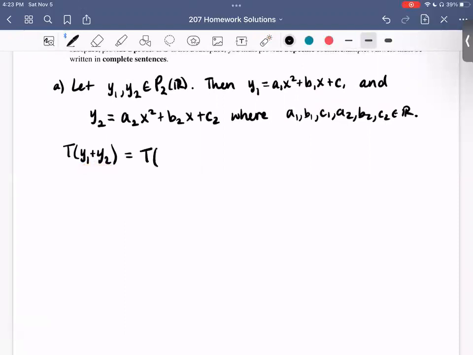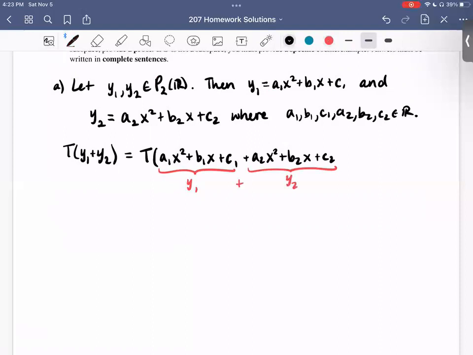So this is T of a1x squared plus b1x plus c1. This whole thing is what I'm calling y1. I want to add that to a2x squared plus b2x plus c2. This whole thing is y2. So I'm adding those together inside the transformation.